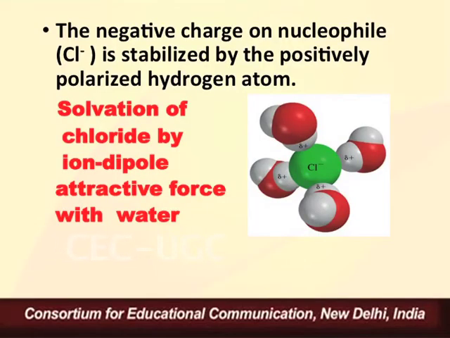Here I have shown that a chloride anion is stabilized by hydrogen bonding with the water molecule. So what we see is that the chloride ion is being stabilized by the positive charge on hydrogen, because it is attached to oxygen in water, and oxygen, being slightly more electronegative than hydrogen, pulls the electrons towards itself, as a result of which a dipole is created in the molecule.